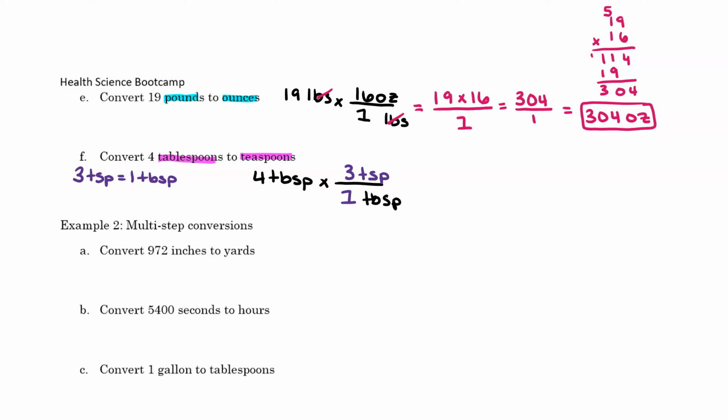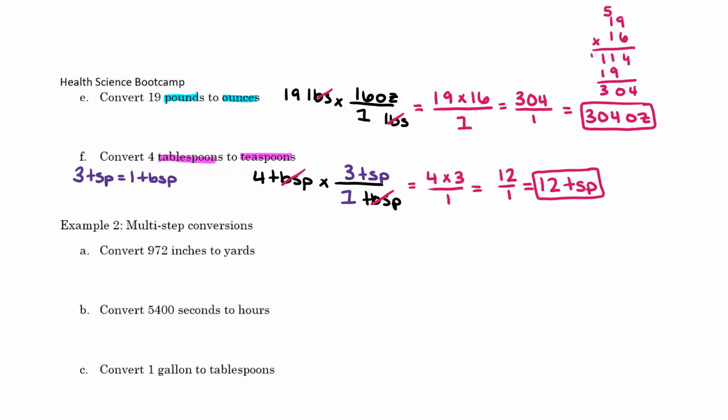So in the math, tablespoons cancel. And on top, we're doing 4 times 3, and on bottom, we just have 1. So that's 12 over 1, which is just 12 teaspoons. So 4 tablespoons is equal to 12 teaspoons.